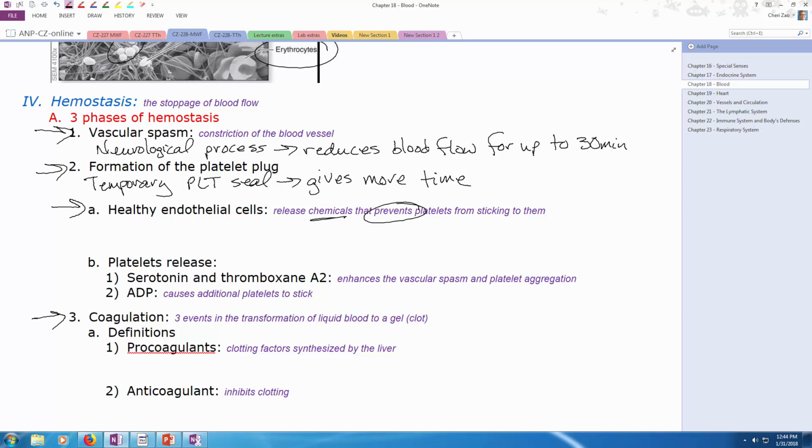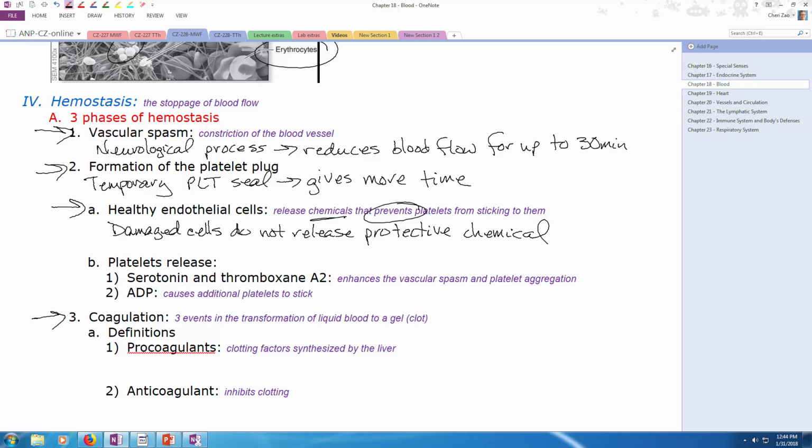And so what happens is when you cut a vessel, then you obviously damage the cells. Plus you expose that stuff on which our endothelium sits.